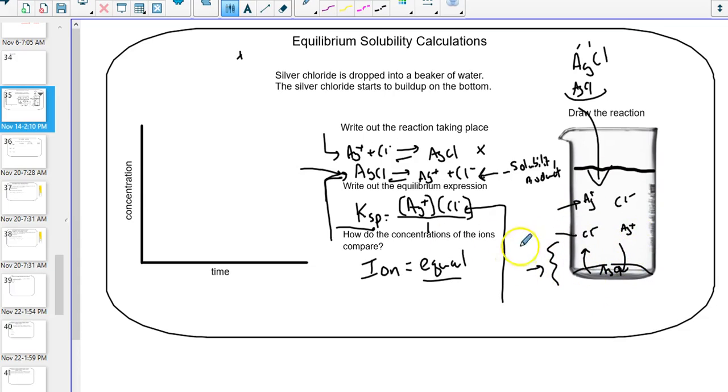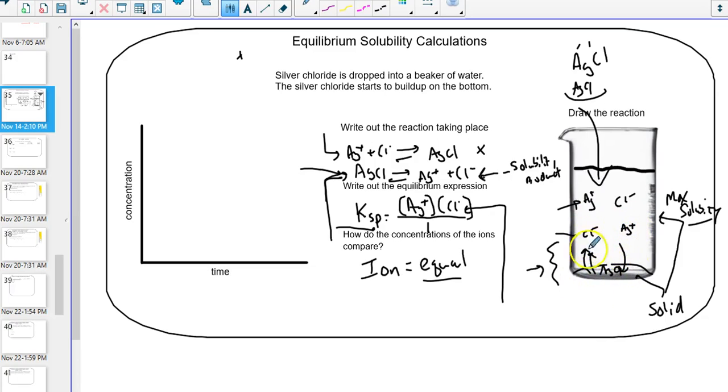If you have solid on the bottom, then you know you are at the max solubility. You cannot dissolve any more, and that is a key idea. If it wasn't at max solubility, your dissolving rate would be bigger than your precipitation rate, and you wouldn't be at equilibrium; you'd still be gaining concentrations.